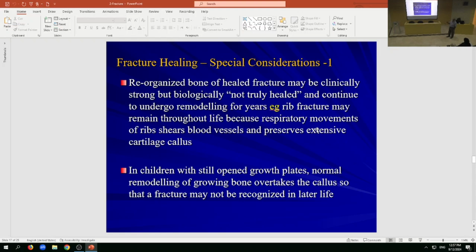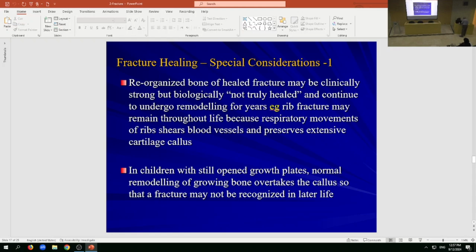So a fracture at that end near the epiphyseal cartilage plate in children will be overtaken by growth. These stages, the inflammatory and reparative, will be overtaken by the growth of bone. You cannot distinguish them.